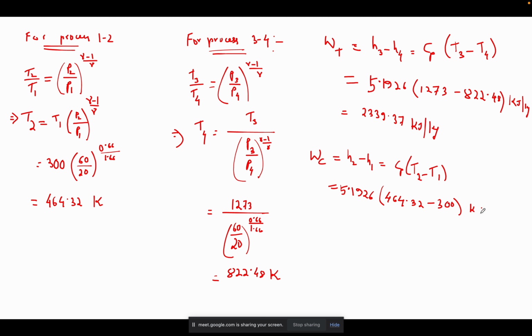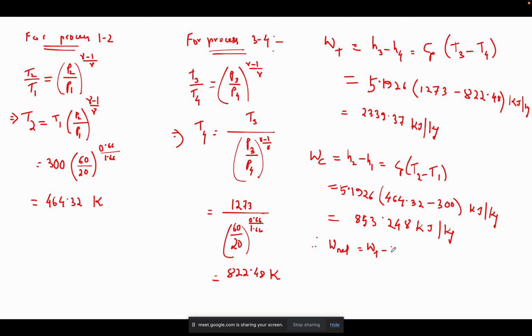This will be kilojoule per kg. 5.1926 times 464.32 minus 300. So this is your 853.248 kilojoule per kg.